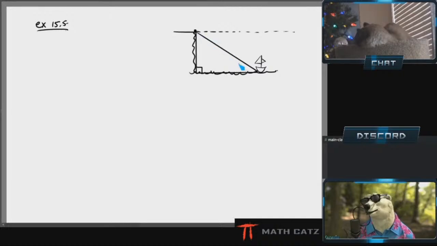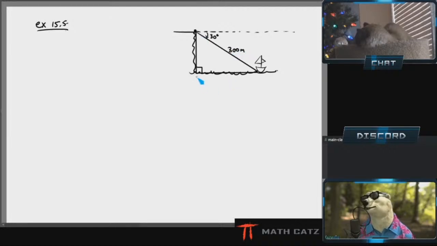Now let's see what they give me. It says that the line of sight, that's this hypotenuse side, makes a 30-degree angle with the horizontal. So that is 30 degrees, also called the angle of depression. You're measuring it from a horizontal line wherever the viewer, the observer, is.